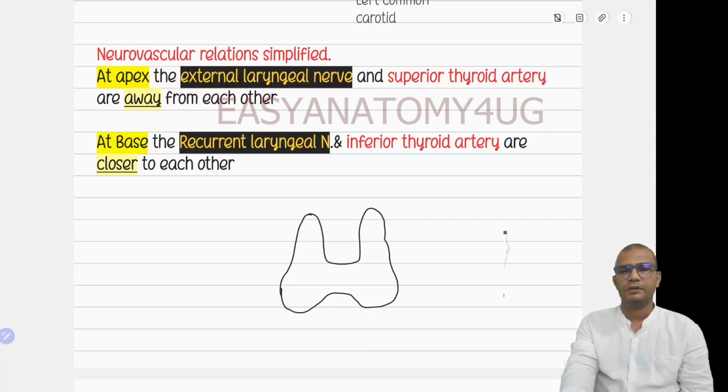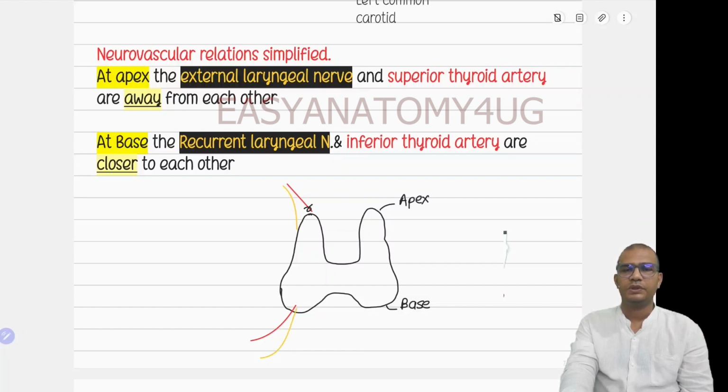We have drawn the thyroid gland. In a simplified way, show the apex and base, and I have shown the superior thyroid artery along with the external laryngeal nerve. At the apex, I have shown them apart from each other, and the superior thyroid artery should be ligated near the apex, whereas at the base I have shown the inferior thyroid artery and recurrent laryngeal nerve.